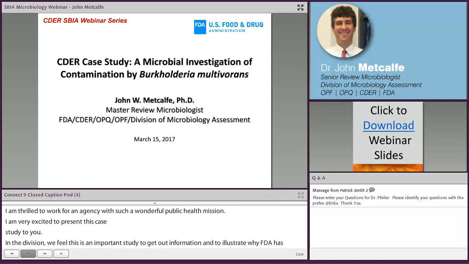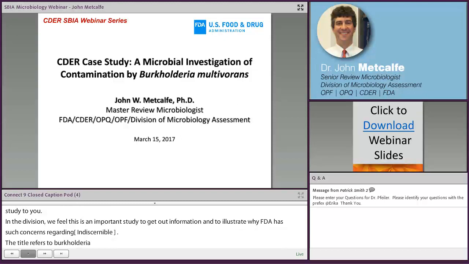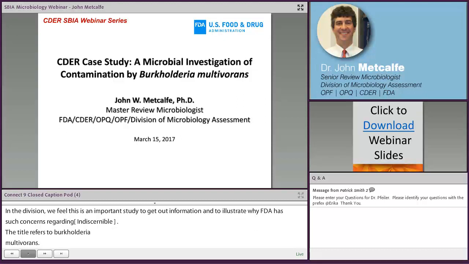And just as a point of information, when Erica was presenting regarding Burkholderia cepacia complex, that term complex refers to multiple species that are all very related to one another. Burkholderia multivorans is one of the species that belongs to Burkholderia cepacia complex.